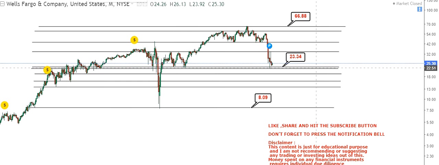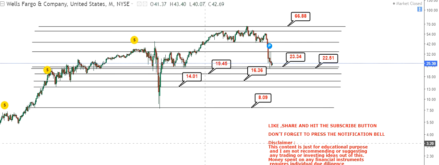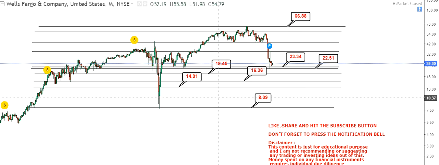These are your current support levels at 23 and 22.51, below which the next support will come at around 19.45, then 16.36, then 14.01, and then 8. Below 14.01 the final target will be 8 on the downside.